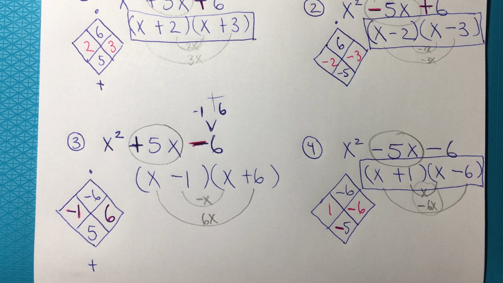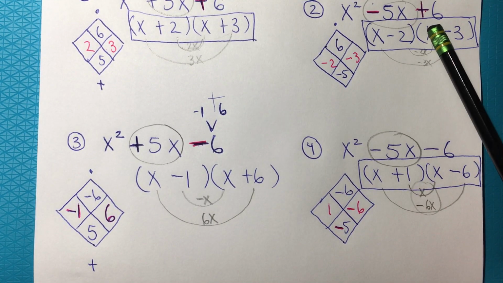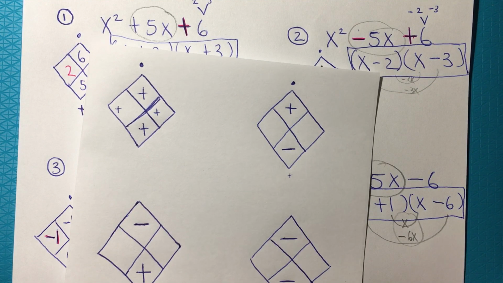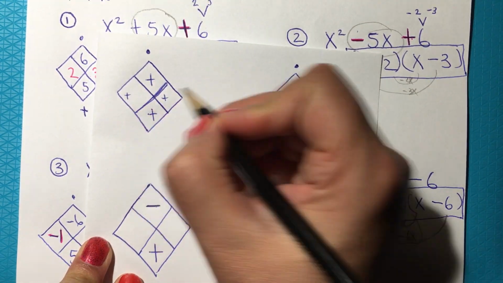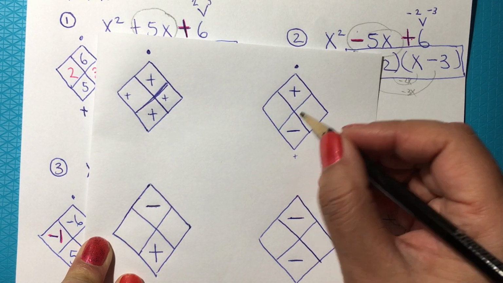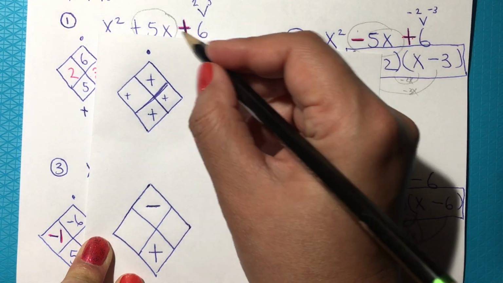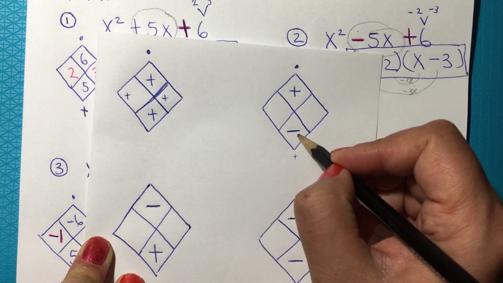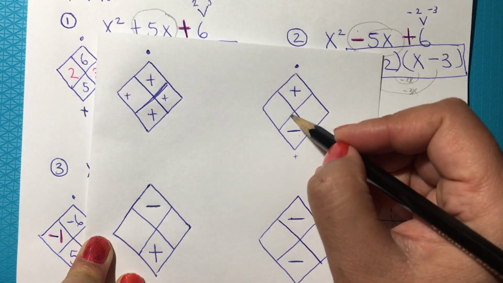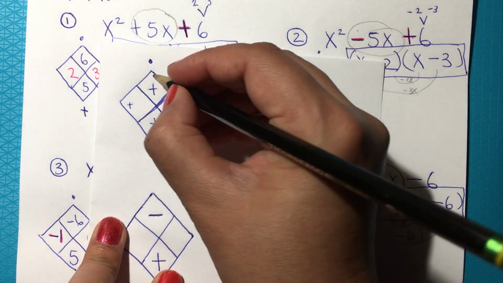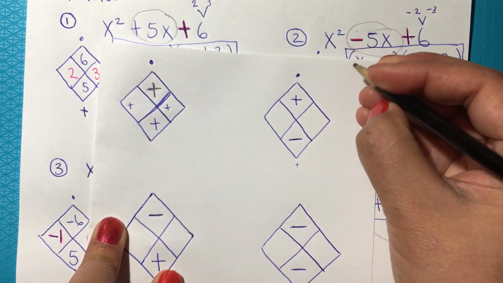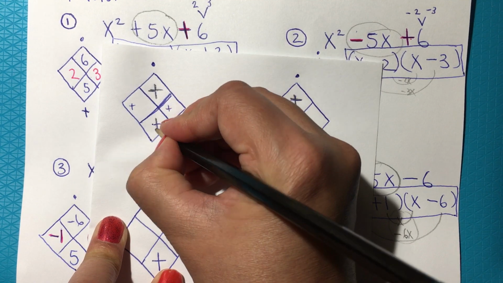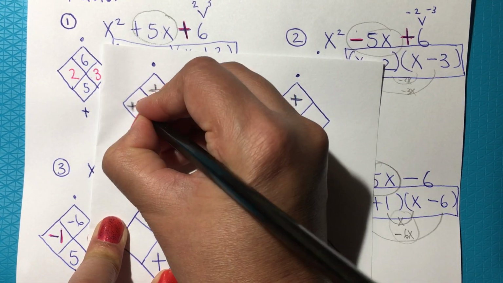So a recap for that. Whenever the last term is positive, both signs will have the sign of the middle term. On the top we put the last term, on the bottom we put the middle coefficient. So if the last one is positive and the middle term is positive, both are positive.